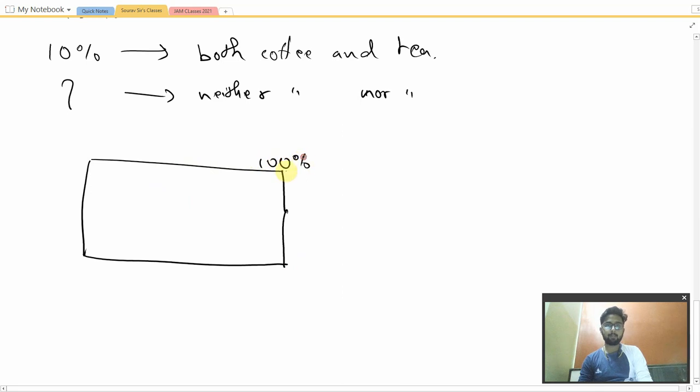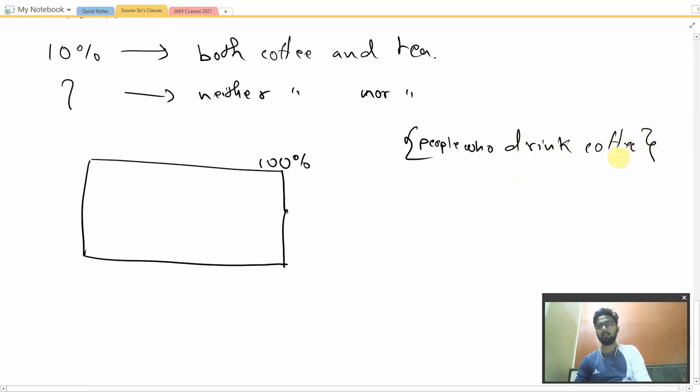There are some people who drink both coffee and tea, and the two sets included are: the first set is the people who drink coffee, and the next set is the people who drink tea.